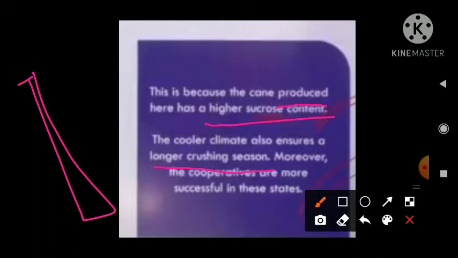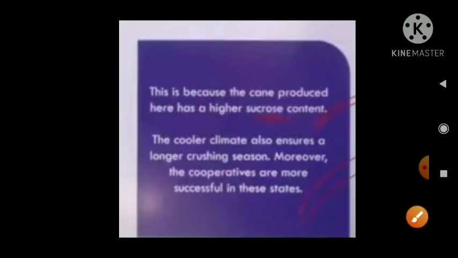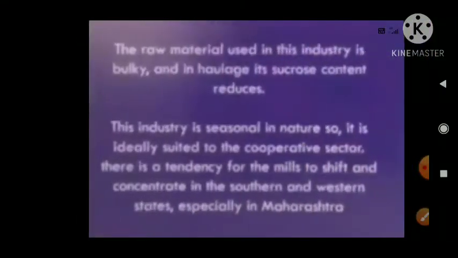Moreover, the cooperatives are more successful in these states. In southern and western states, the winter season is cool, so it allows a longer crushing season. Sugarcane is produced once a year, so it is a seasonal crop. This is also an advantage for cooperatives to succeed in these states. Are you understanding it? Yes.